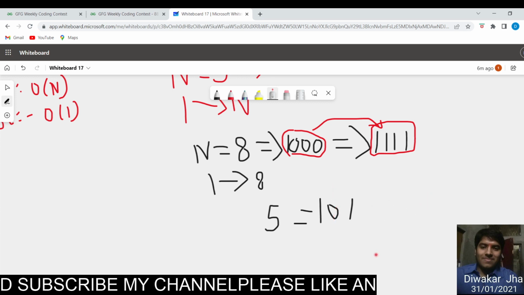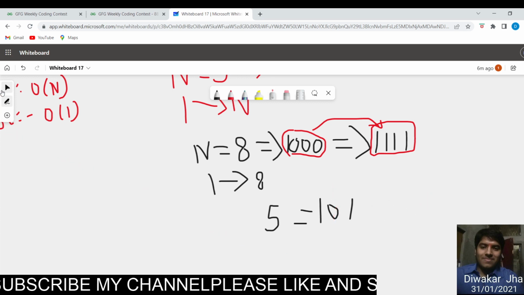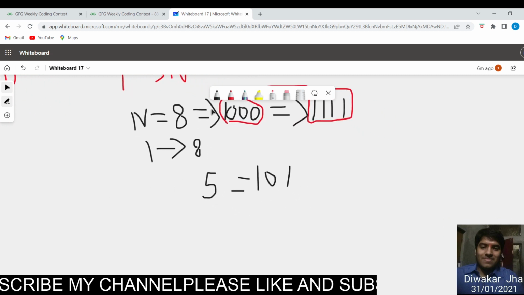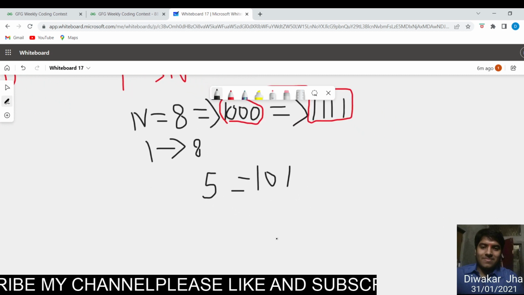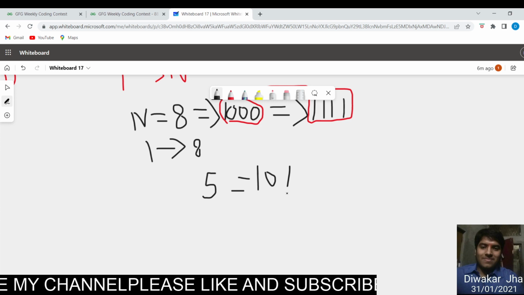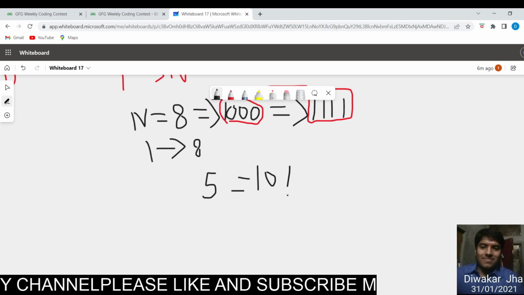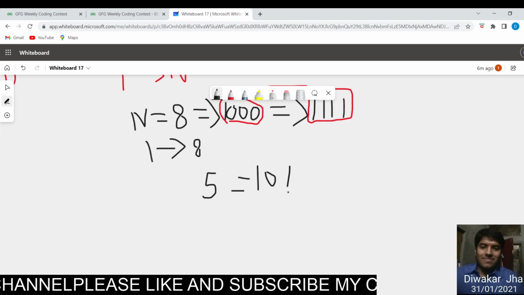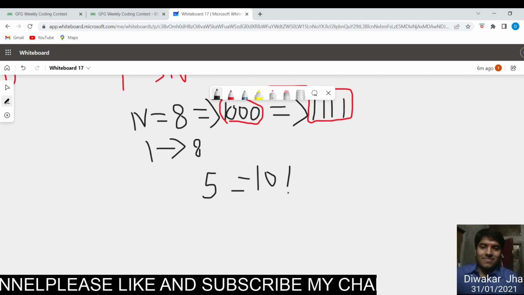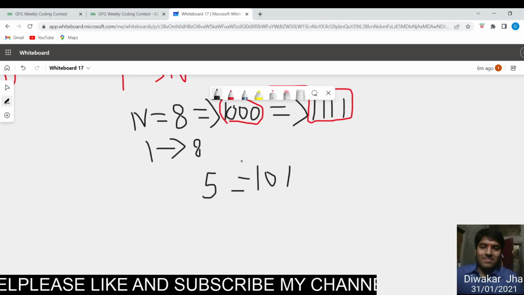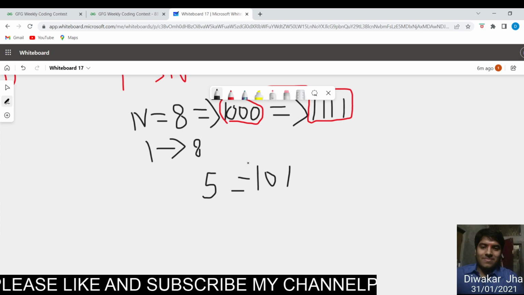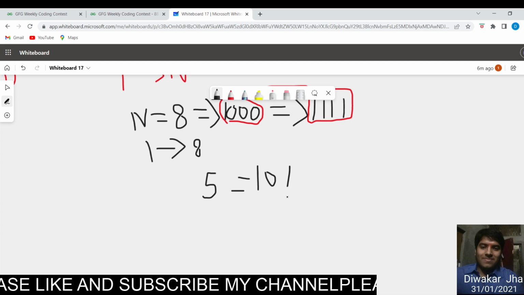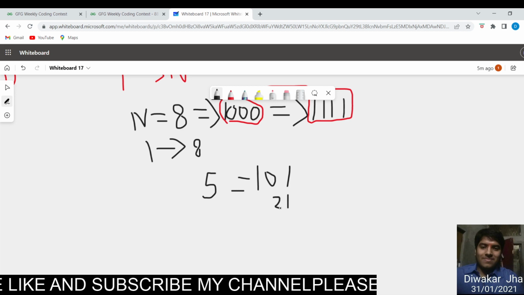I hope you all understood very well. So how can you solve it? You know that this is your rightmost bit, and first you count how many bits are available there: 1, 2, 3.